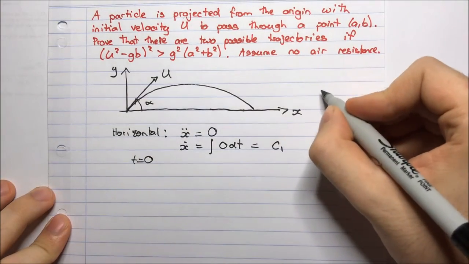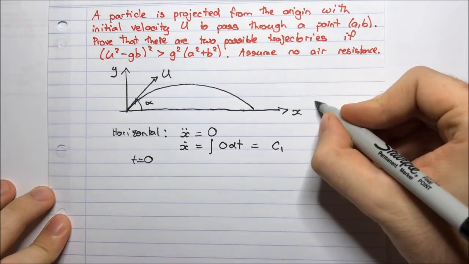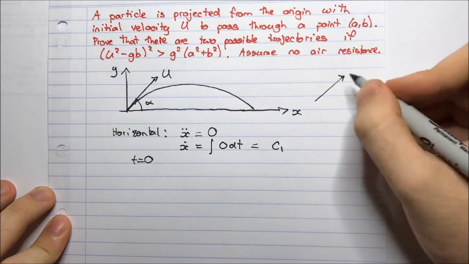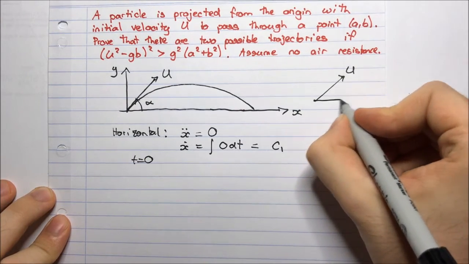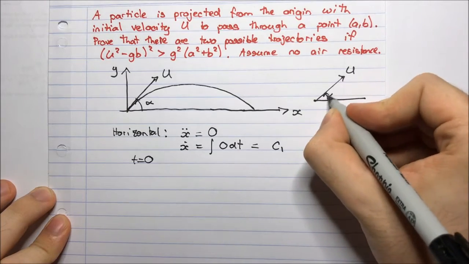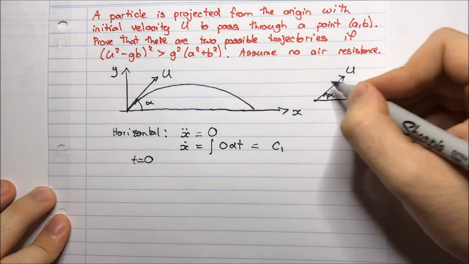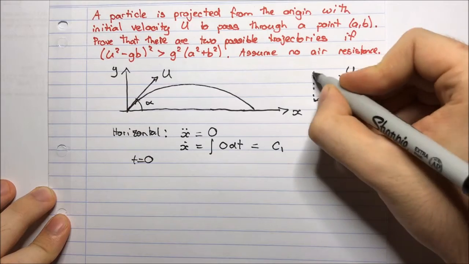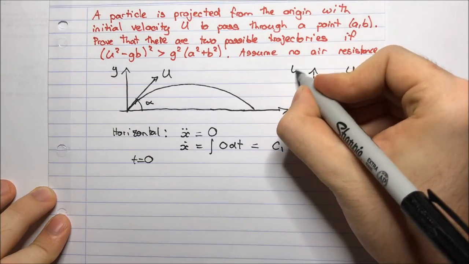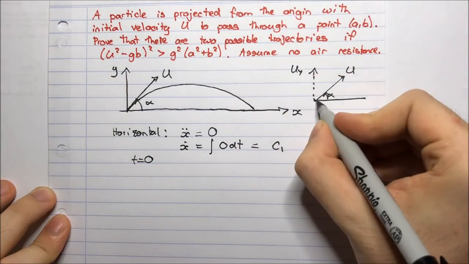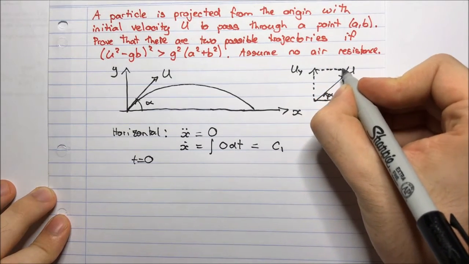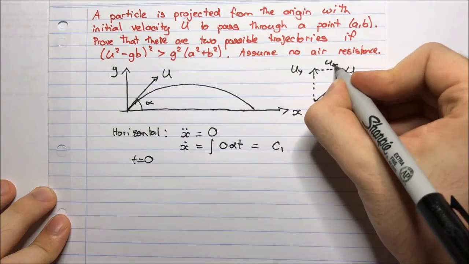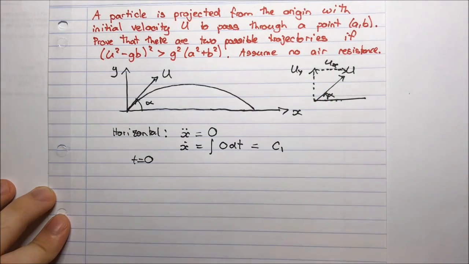Now if I take the initial velocity vector, that's equal to u, and there's some sort of angle that it makes here of alpha. Now if I resolve this into two vectors, here is my uy, and here is my ux. Yes, I haven't joined these, but that's just an error on my account in drawing.